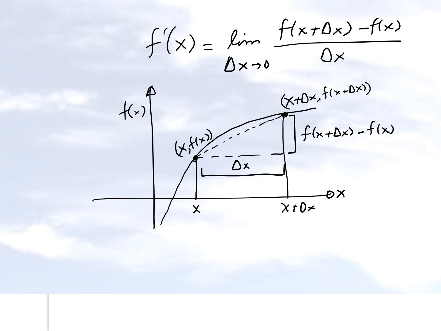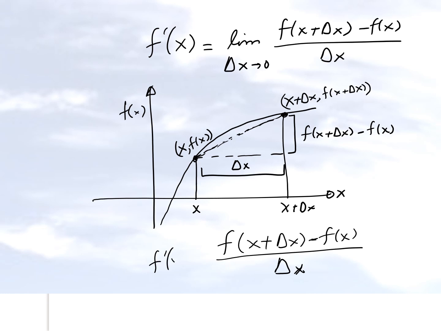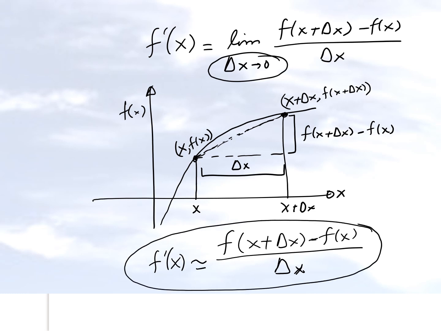So it is the rise over run which is going to give me the slope of the secant line, the slope of this line right here. But that will be only an approximation of the derivative of the function. Only if delta x approaches 0 will this formula become the exact value of the derivative of the function.